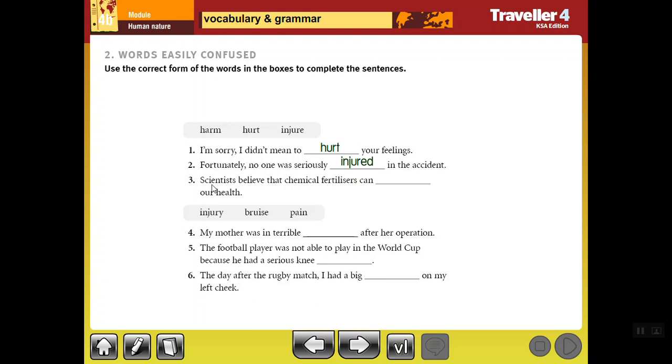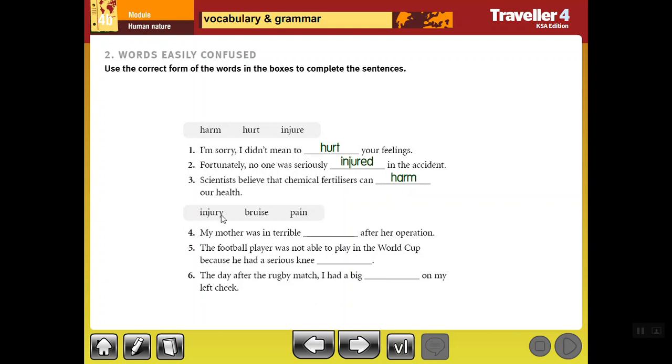The last sentence, or number 3, scientists believe that chemical fertilizers can ___ our health. Scientists believe that chemical fertilizers can, of course, harm our health. So the words here we have hurt, injure, and harm.